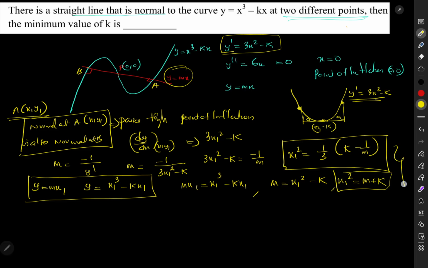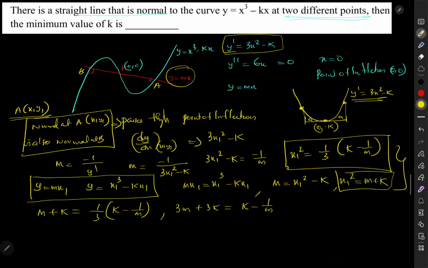Now I am using this first and second equation, and I will get m plus k equal to 1 by 3 into (k minus 1 by m). So we eliminated the x1 variable. Now cross multiply: 3m plus 3k equal to k minus 1 by m, multiply by m.